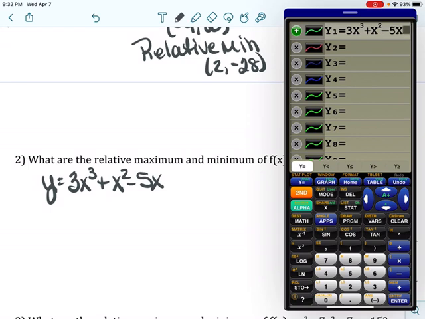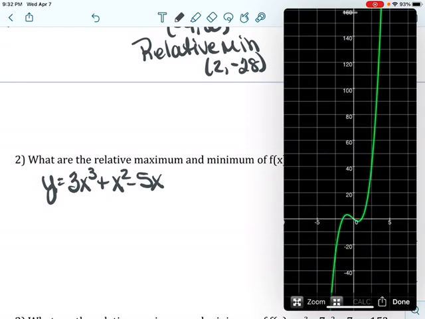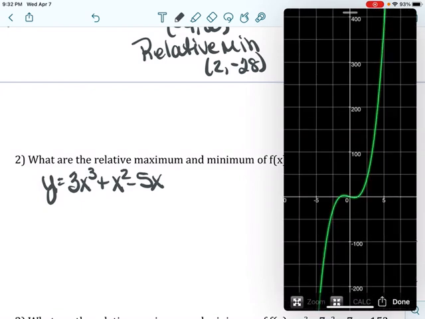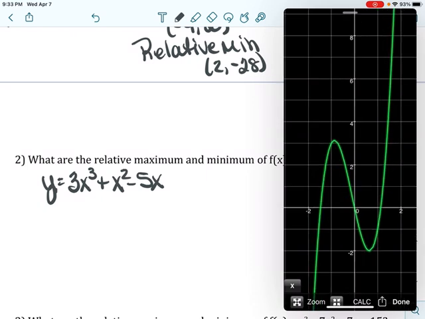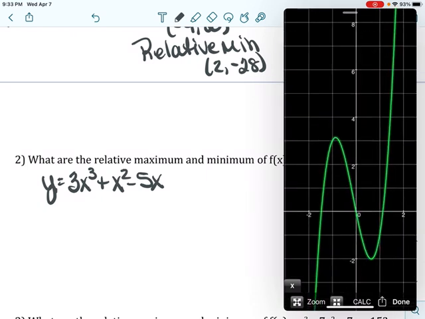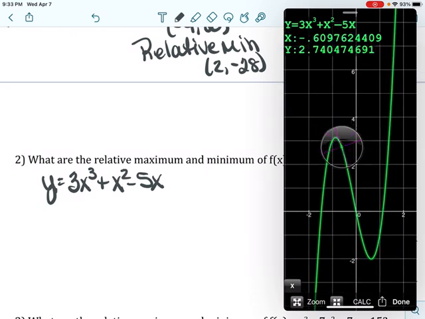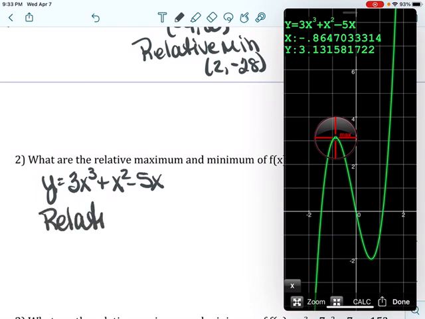Graph. Again, I press zoom standard, and it takes you back to where it belongs. All right, so again, we can see, and you're going to move it until it highlights max. Negative 1.67, let's make it 2 decimal places, comma, 3.13.